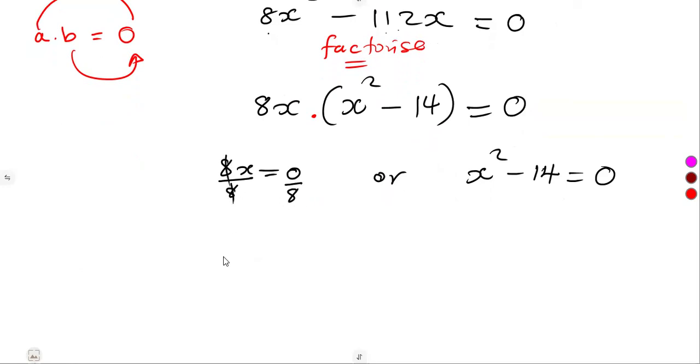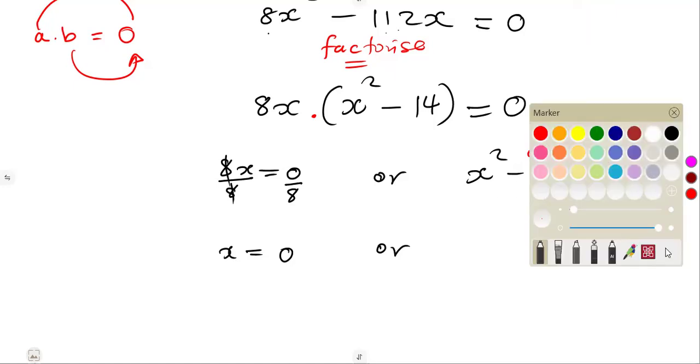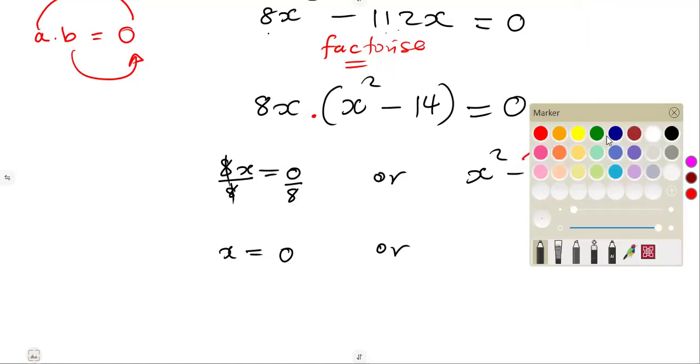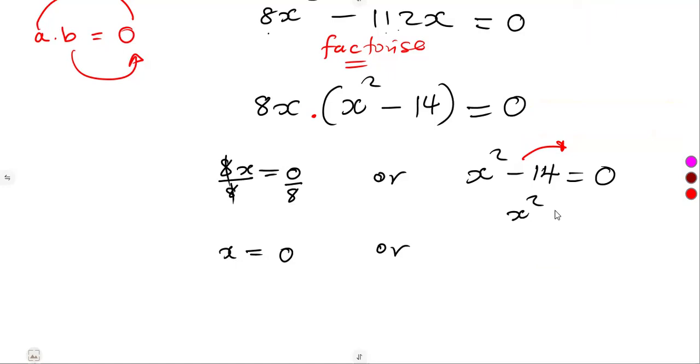This side, that is going to be x is equal to 0. Or on the other side, if we are to take this to the other side, it's going to be a positive. Remember, we just have two terms. So we're just going to take this to the other side. So x squared is equal to 14. Introduce the square root, knowing that the square root of any number is what? A plus or minus.